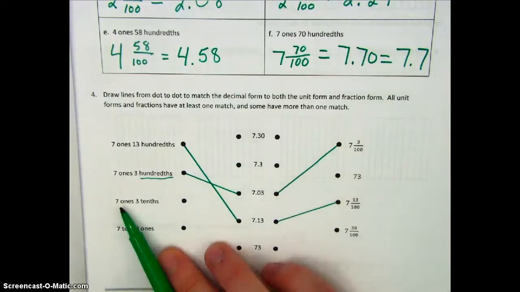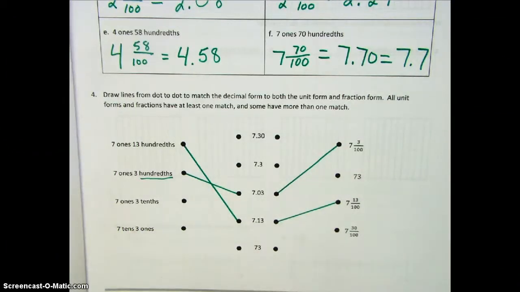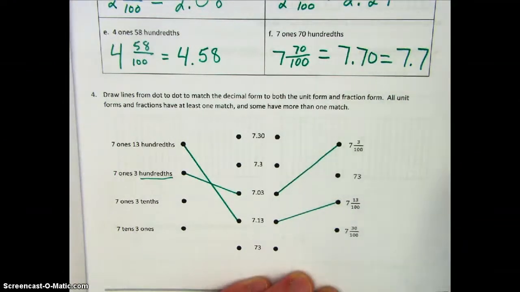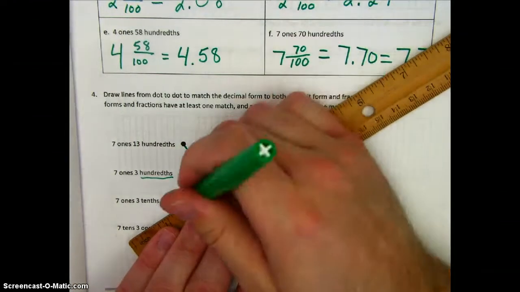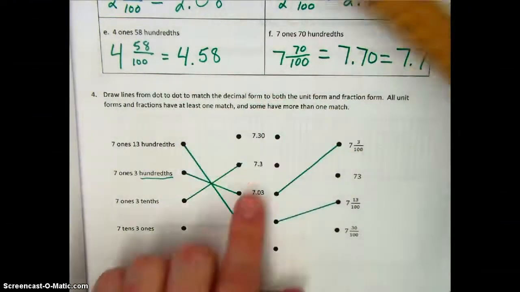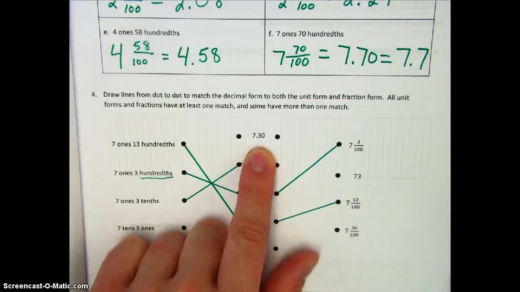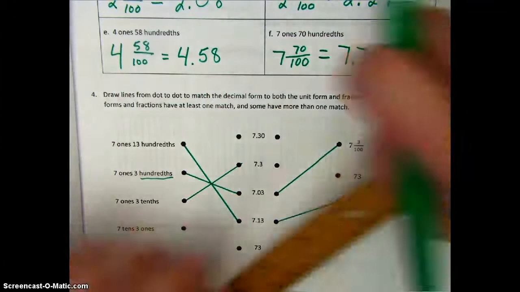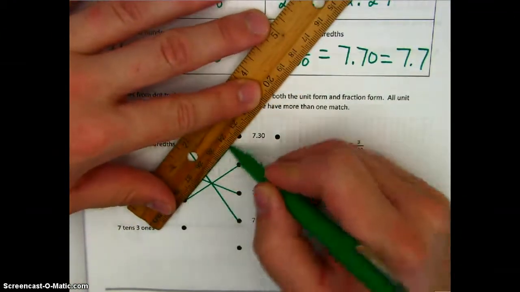So now next one, we have 7 ones and 3/10ths. So looking through, we can see that there's actually 2 here that match. Now the obvious one here is our 7 and 3/10ths. But if we look at the one above it, we have 30/100ths. But we know that 30/100ths is equivalent to 3/10ths. So we can also connect these 2 points.